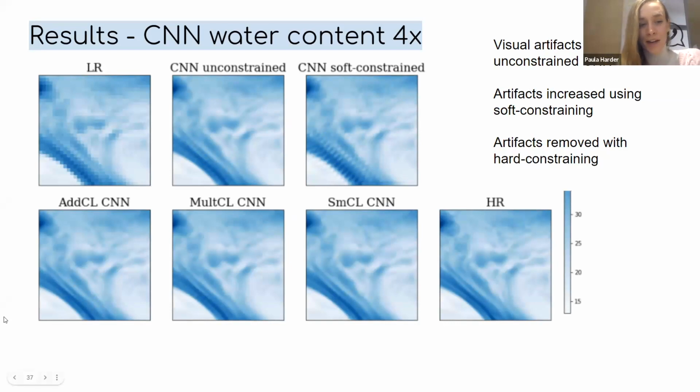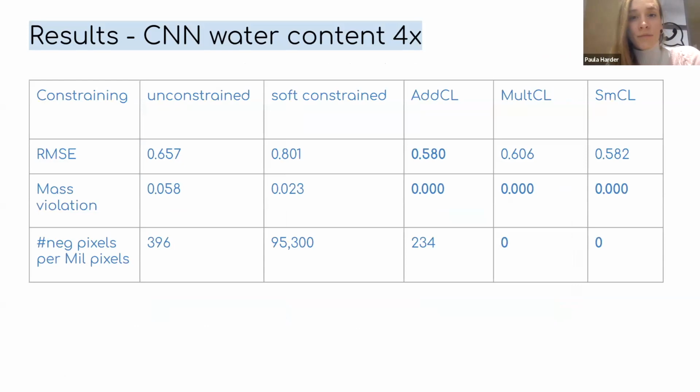And for the three different hard constraining methods, we can see that those stripes, especially in this one and that one, disappear, and it's very close to the high res. So that's just an example where the visuals get improved by the constraining.